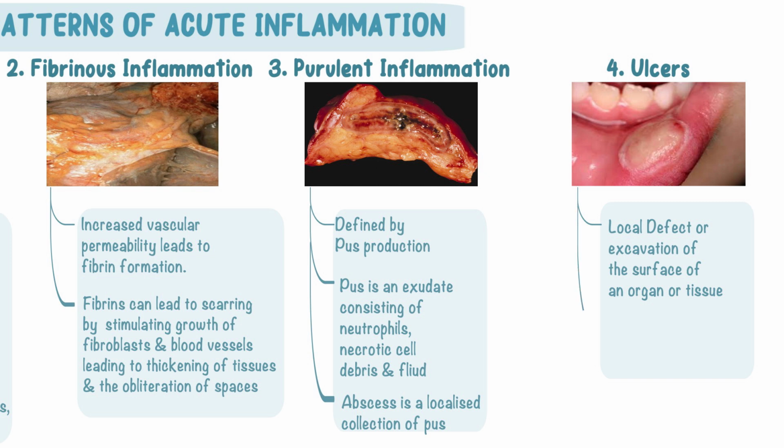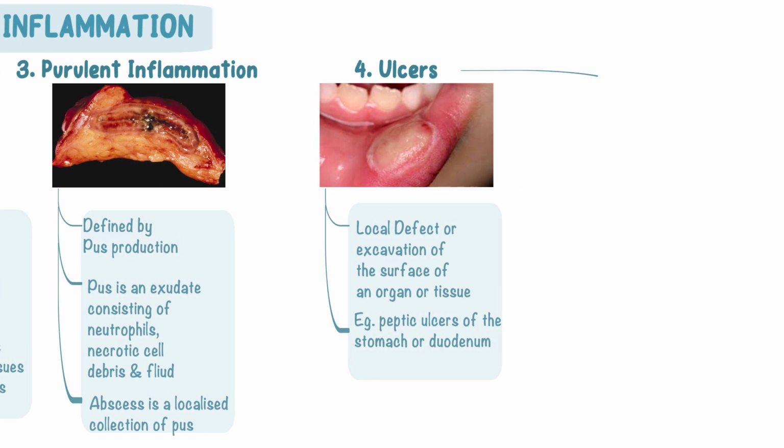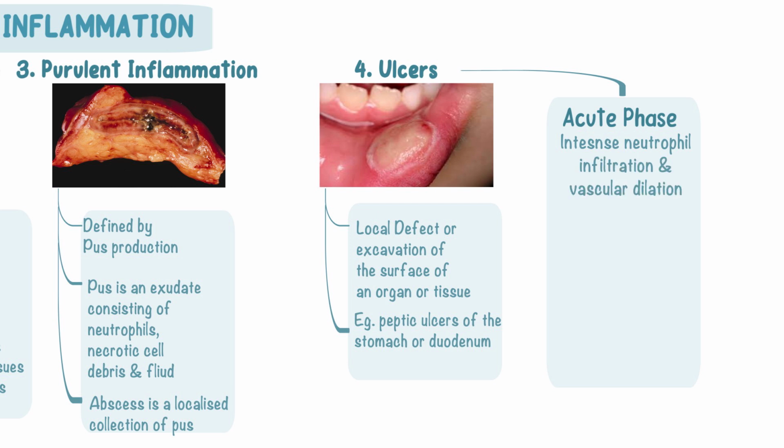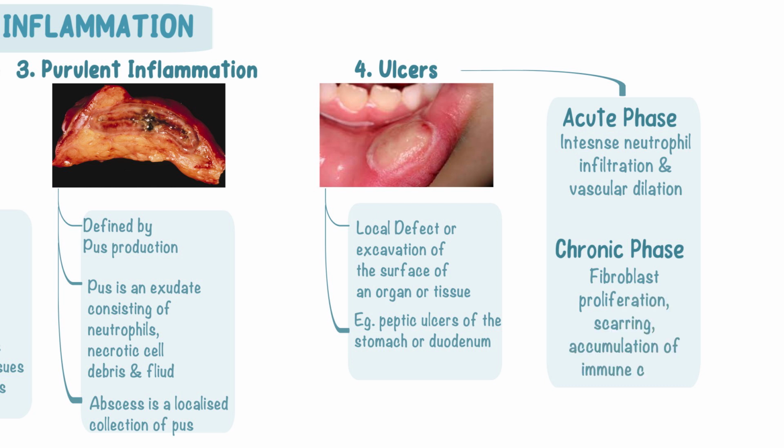Peptic ulcers of the stomach or duodenum are classic examples, where both acute and chronic inflammation coexist. The acute phase is marked by intense neutrophil infiltration and vascular dilation, while the chronic phase involves fibroblast proliferation, scarring, and the accumulation of immune cells like lymphocytes and macrophages.